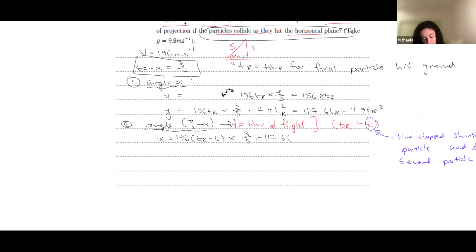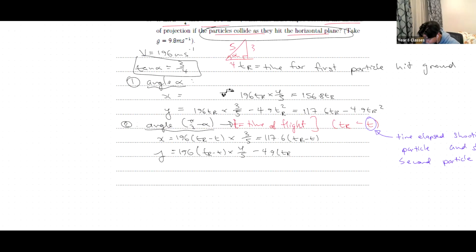Yep. And then Y equals 196 TR times 4/5 minus 4.9. Oh, what about TR minus T? Yeah, 4.9 (TR minus T) times 3/5. Oh, wait, no, never mind. There's no sine or cosine. That's it.